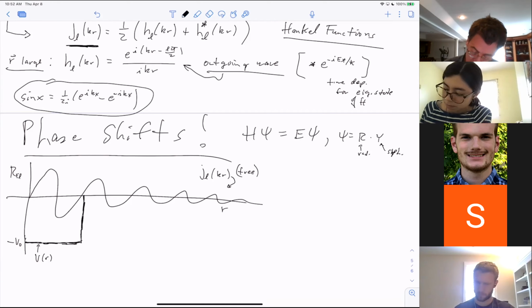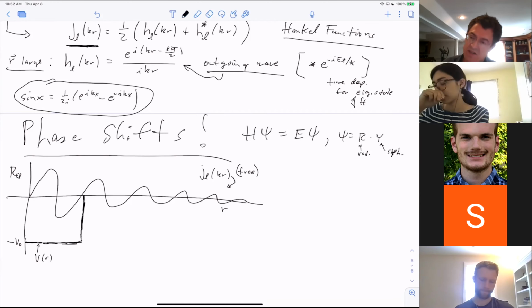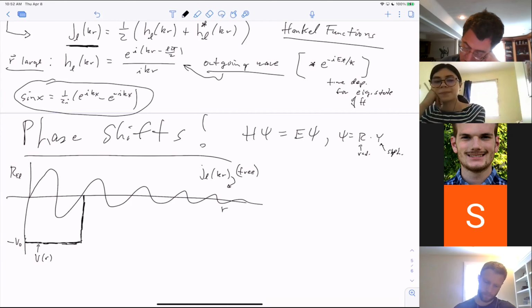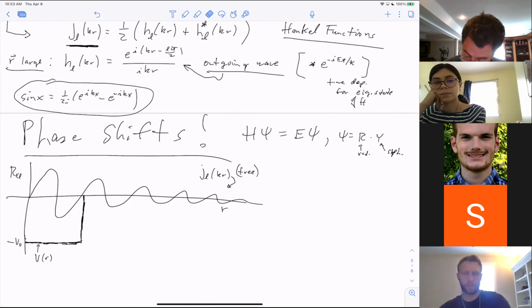And what does it do to the wave function? That's my question to you. What does it do? Well, let's simplify that question. What does it do out here?